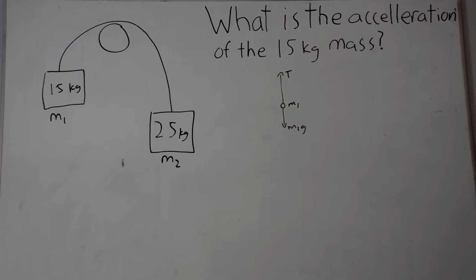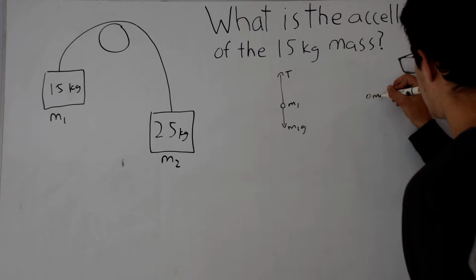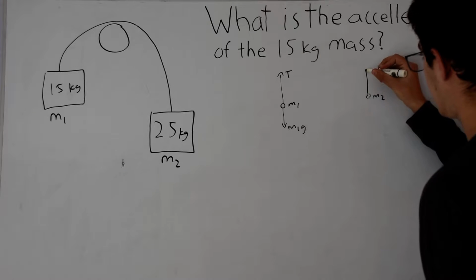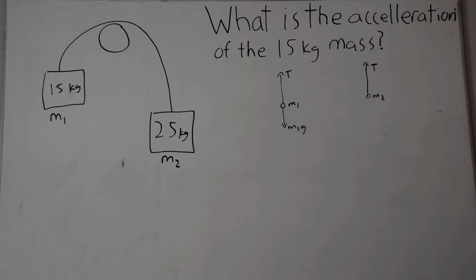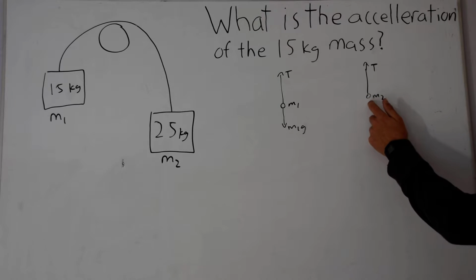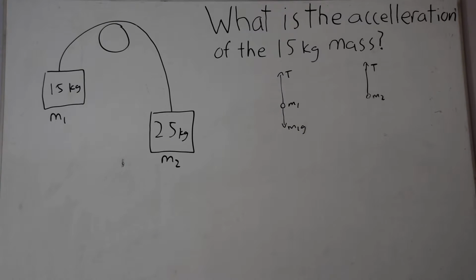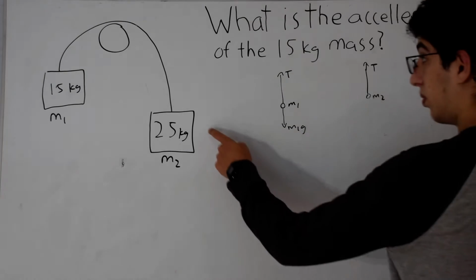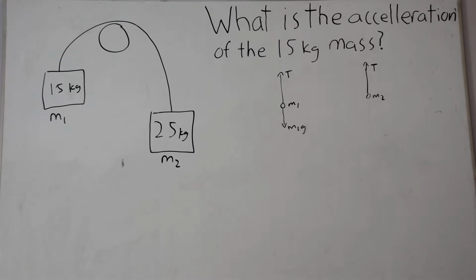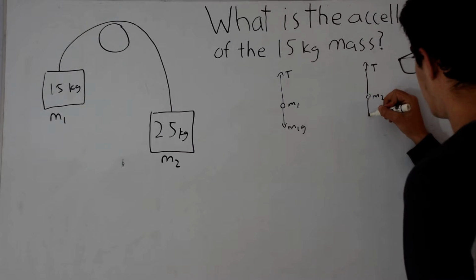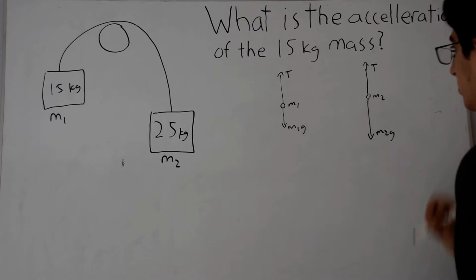Okay, now let's look at the forces on M2. There's still the tension force pulling it upwards. And notice that I drew the tension force on M2 the same size as the tension force on M1. And that's because a string pulls with the same force on both ends of it, no matter what. And I'm also going to draw the force of gravity on M2, M2G.